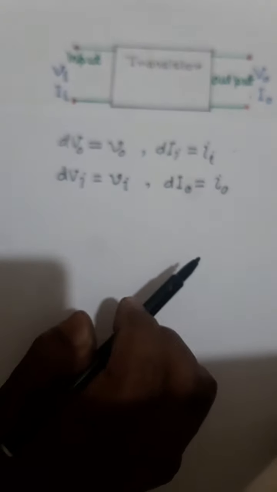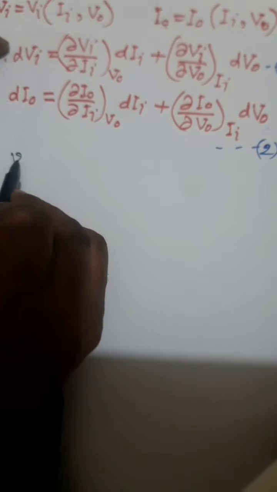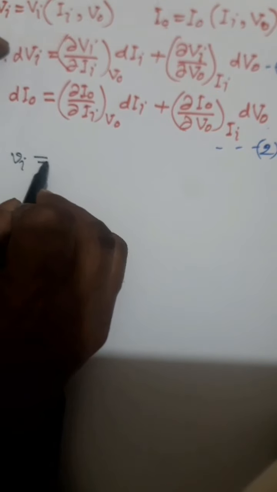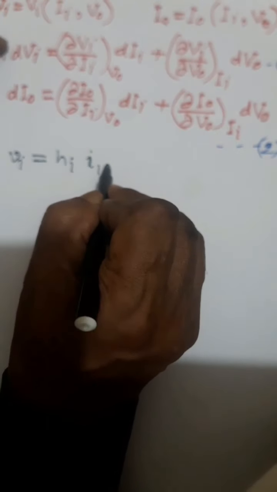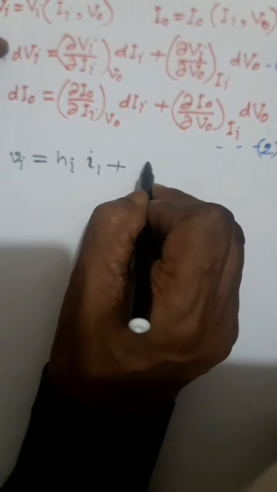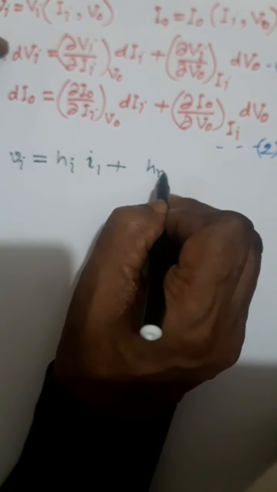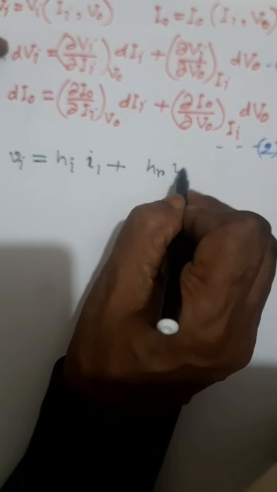Then equation 1 and equation 2 can be written as Vi equal to Hi Ii plus Hr Vo.